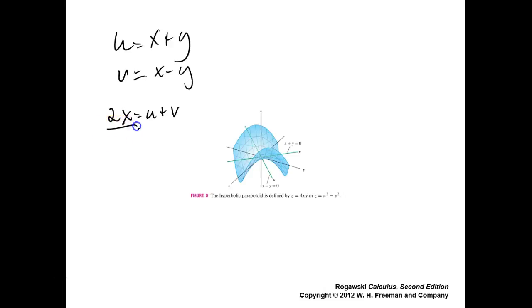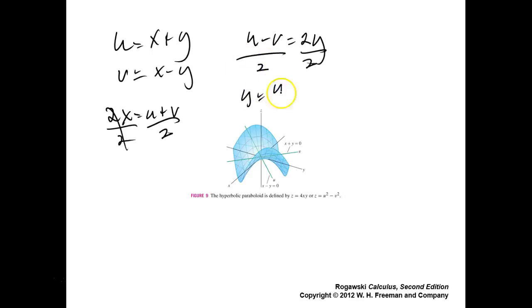So x is equal to u plus v over 2. And then y, by subtracting those 2 equations, you get u minus v is equal to 2y, and you get y is equal to u minus v over 2.